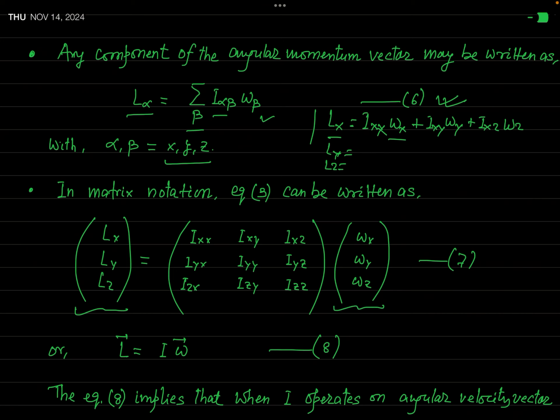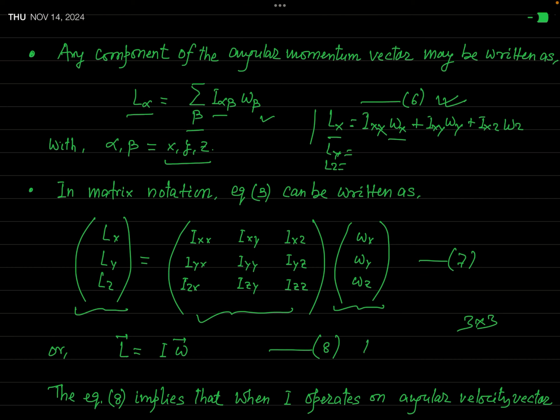This column vector is operated on by a 3 by 3 square matrix, whose elements are Ixx, Ixy, Ixz, Iyx, Iyy, Iyz, Izx, Izy, Izz.